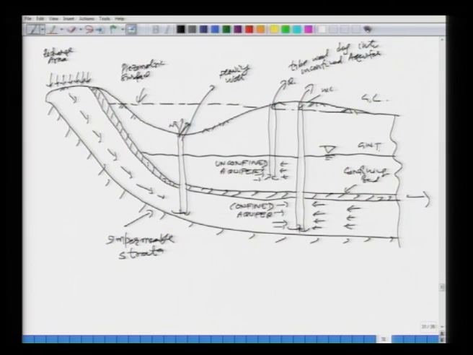You may also have some perched water bodies here, some clay lenses. So, this is your perched. So, this way you see that we have looked at a schematic diagram in which we have tried to demonstrate how the confined aquifer will occur.